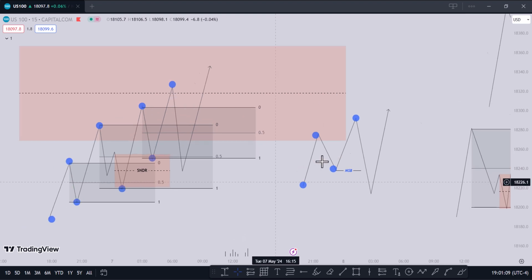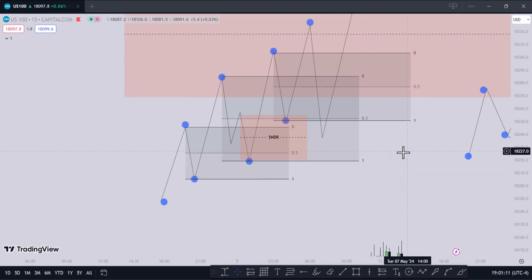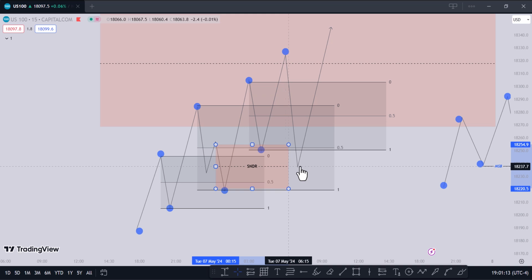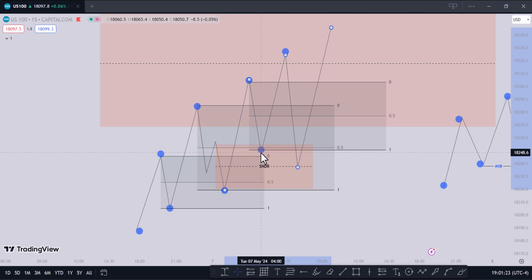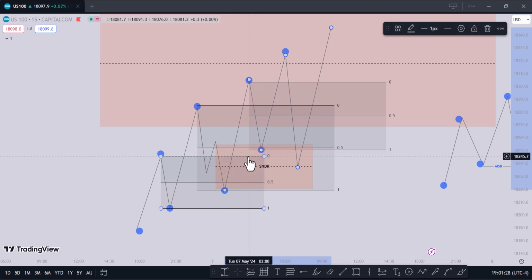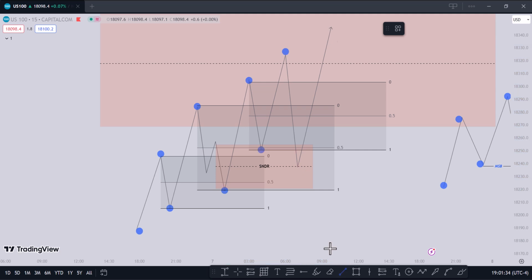So in this example right here, what seems to be a break of structure is only a double bottom scenario in this SNDR. So this is the first bottom, right? This is the first top into the SNDR, price trading higher, and then one more time tapping into it, sweeping this low, all right, and then continue higher.